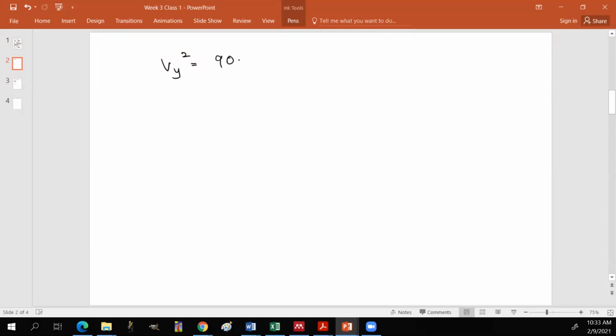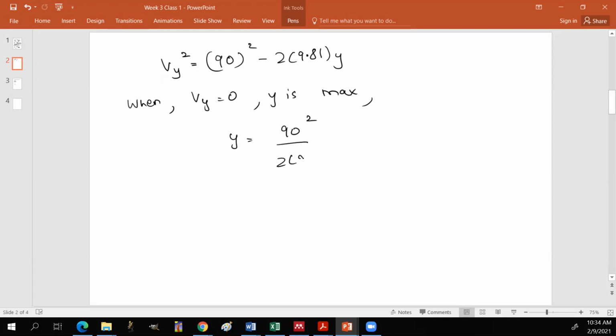So 90 squared minus 2 times 9.81 y. And now we're just trying to find the point at which Vy is equal to 0. So when Vy is equal to 0, y is max. And from above, if you solve it, y is equal to 90 squared divided by 2 times 9.81, and it'll end up being in meters. So can anyone solve that real quick for me?